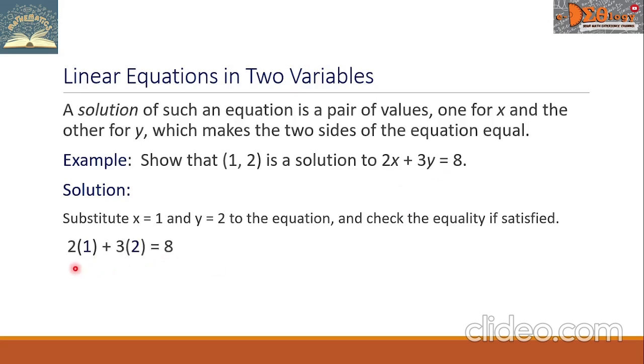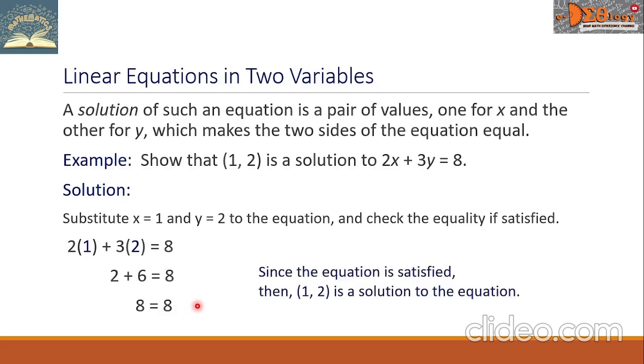So it becomes 2 times 1 plus 3 times 2 equals 8. 2 times 1 is 2 plus 3 times 2 is 6. The sum 2 plus 6 is 8, which is equal to the value on the right, which is 8. Since the equation is satisfied, the ordered pair 1, 2 is a solution to the given equation.